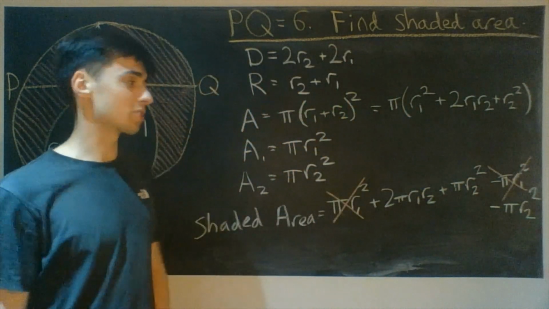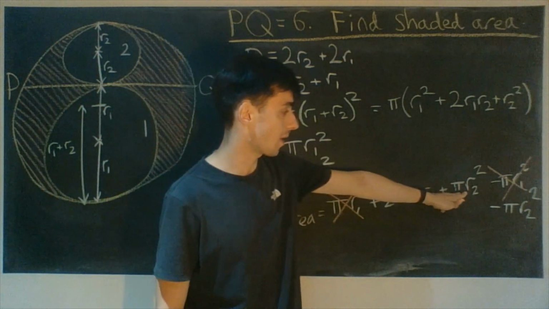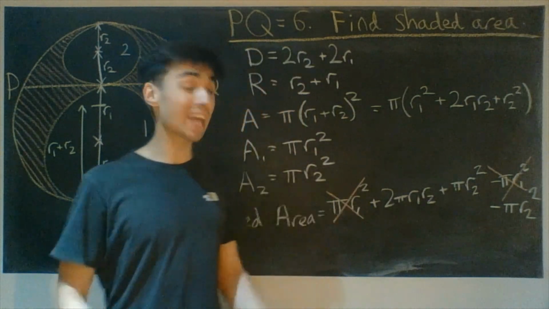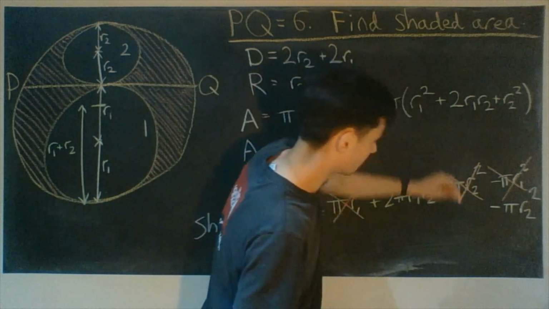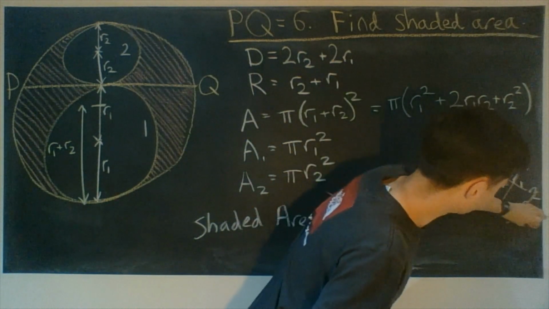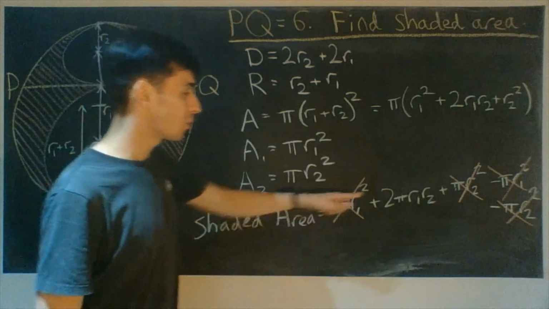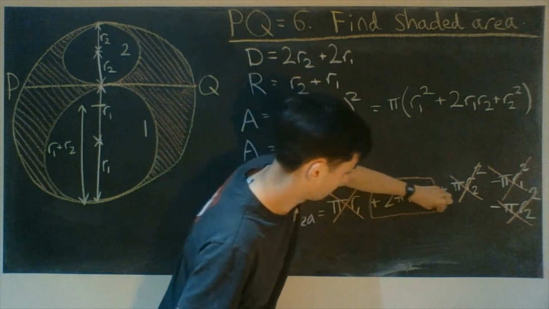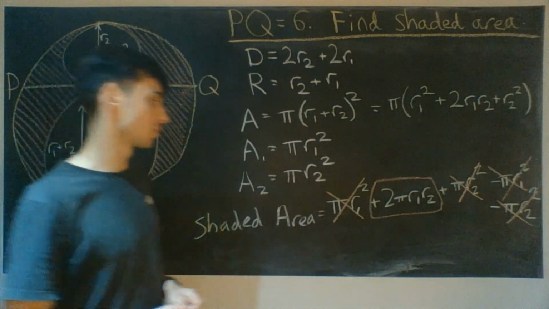There's another term which cancels out in a really similar way, and it's this plus pi r2 squared and this minus pi r2 squared. We can get rid of those two as well. And actually, from something really messy, we're just left with this part. Plus 2 pi r1 r2.